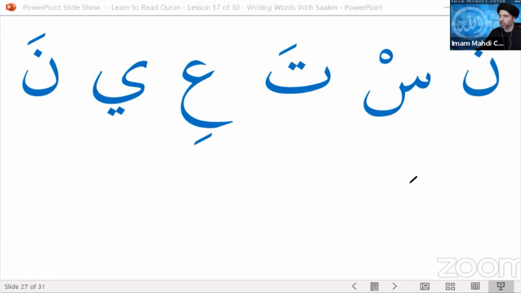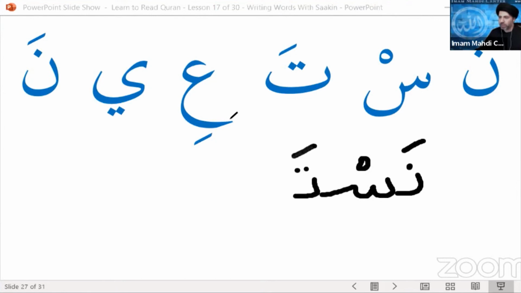And now we write it ourselves. We're going to write the lowercase noon with its 1 dot, and the noon here has a fatha. It's followed by a sin that has a saakin. Then there's a ta afterwards, so we write the lowercase ta with its 2 dots, and this ta has a fatha.